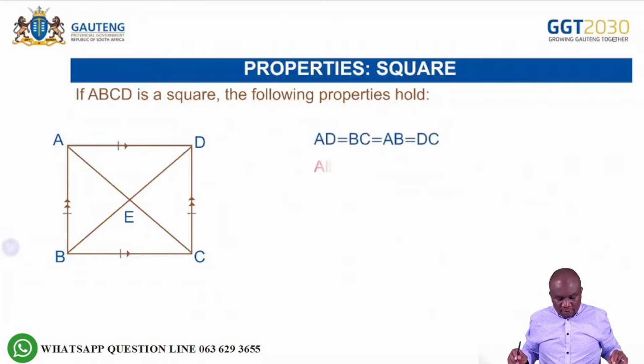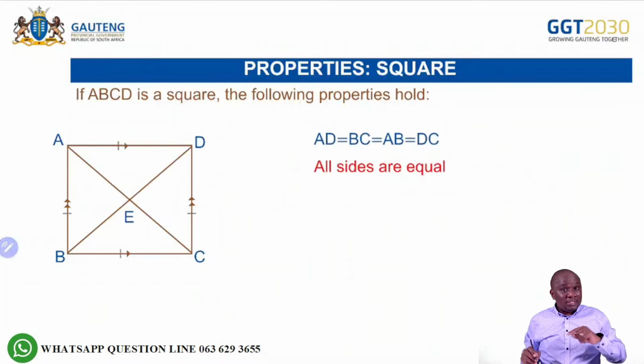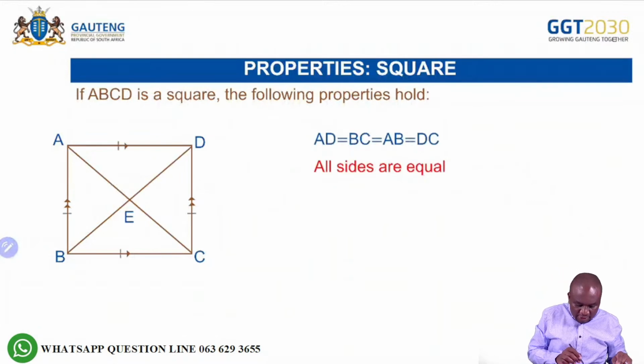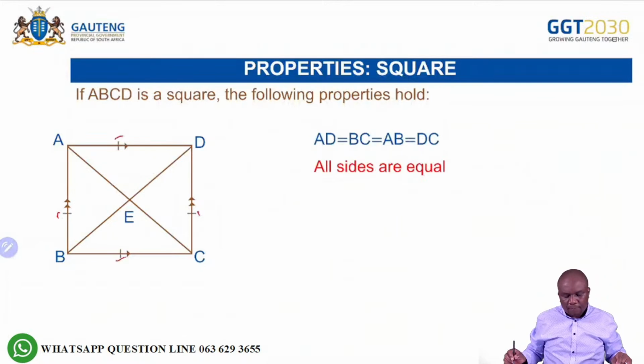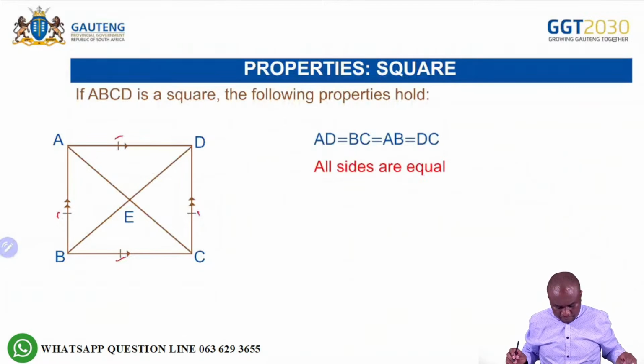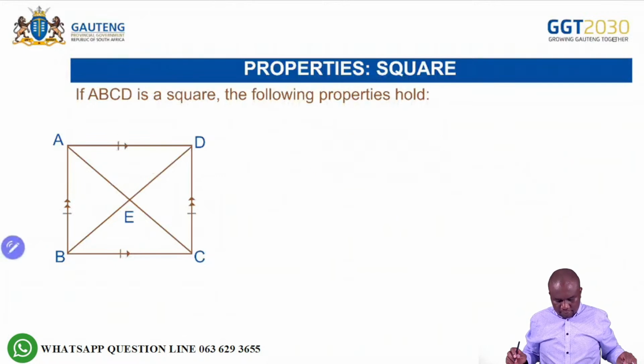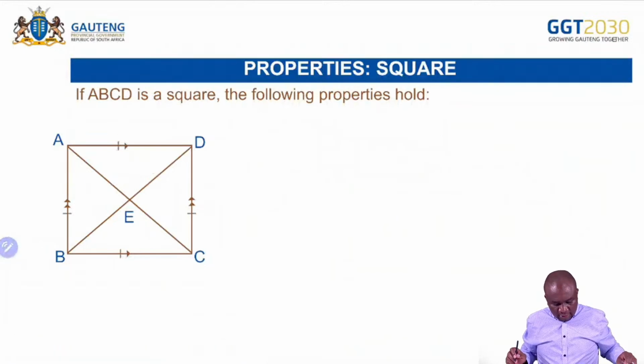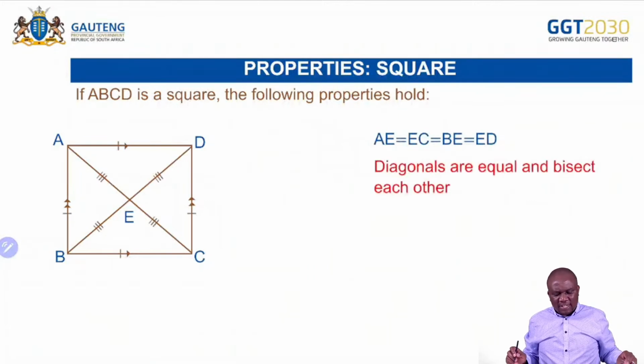And then all the sides are equal, just like the rhombus. Remember rhombus, all the sides are equal. You can indicate on your diagram to show that all the sides are equal. Please write that, all sides equal. And then AE is equal to EC is equal to BE is equal to ED, like a rectangle.